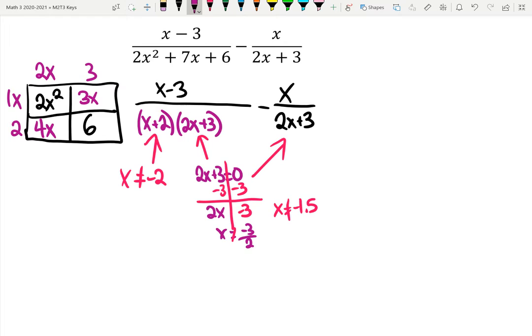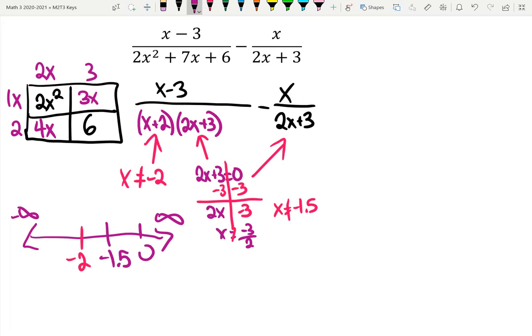So when I write out my domain, my x's go from negative infinity to positive infinity. I know that negative 2, and then I know that negative 1.5 is less than that, so it's going to be closer to 0. I'm not going to include the 0 though because it's not actually a restriction.